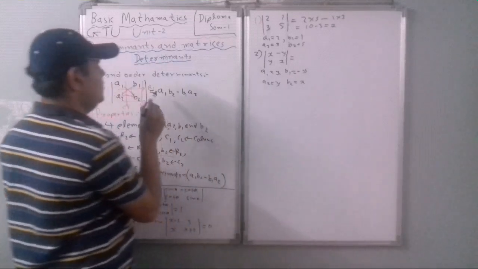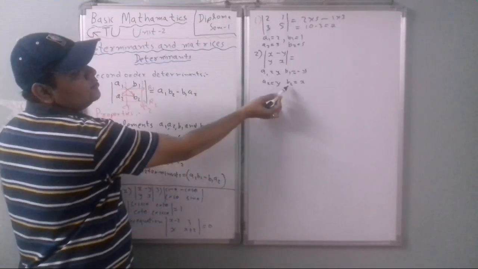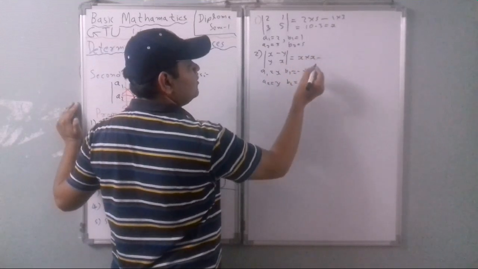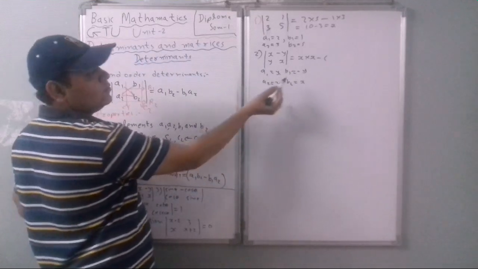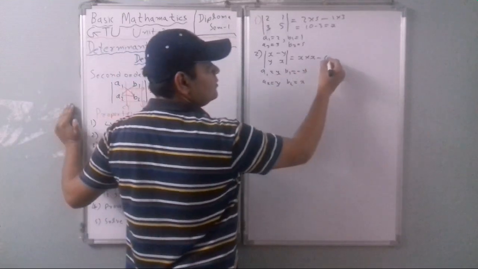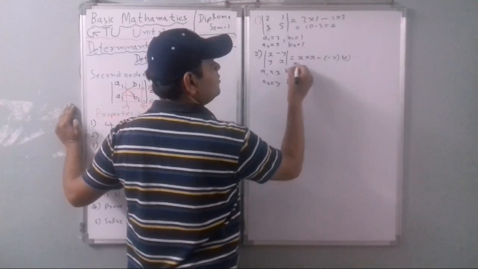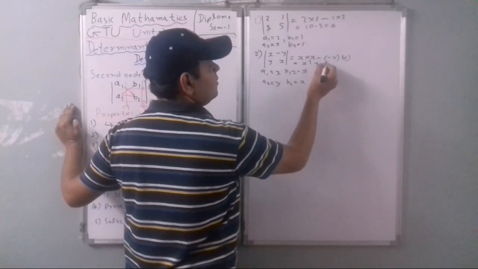So A1 B2 means x into x, minus B1 A2, which means minus y into y, equal to x square minus minus plus y square.